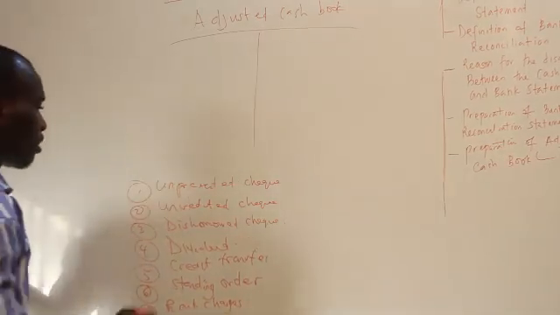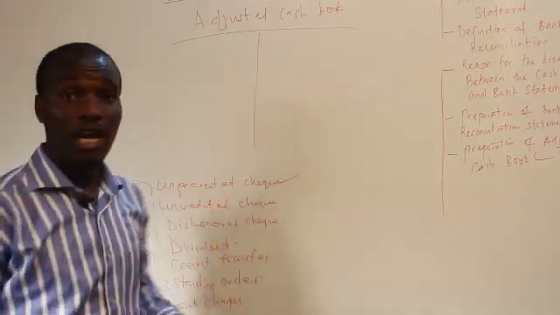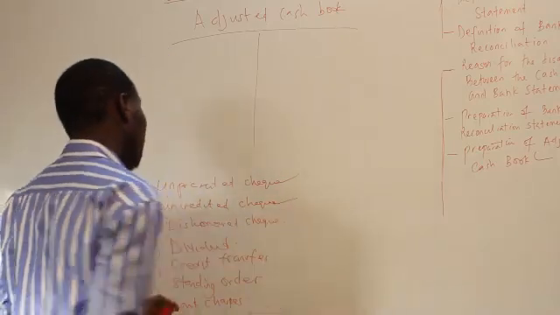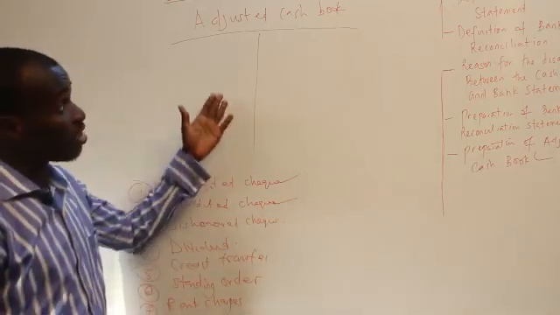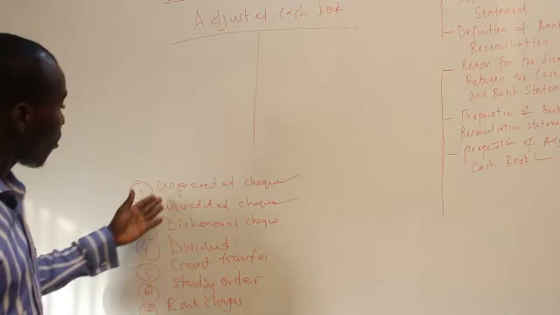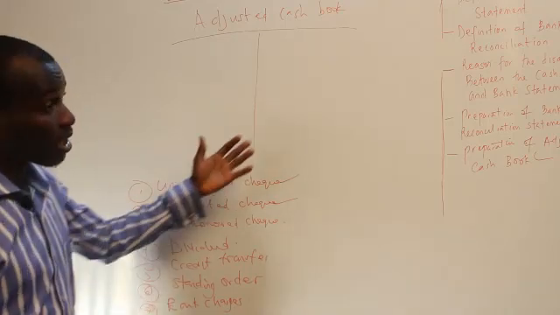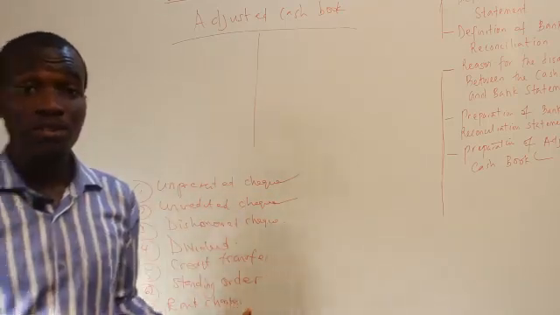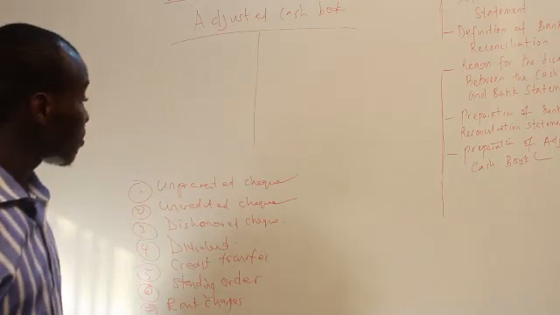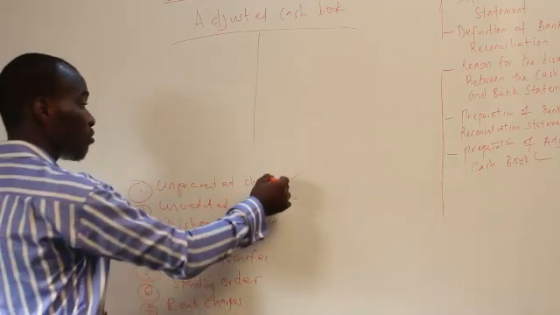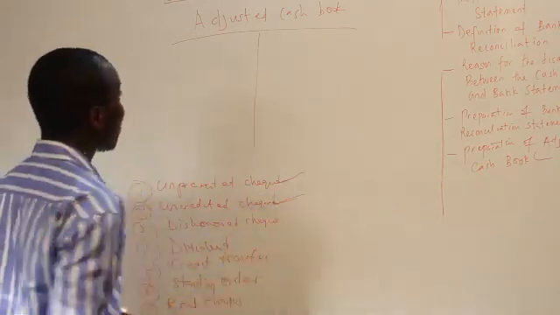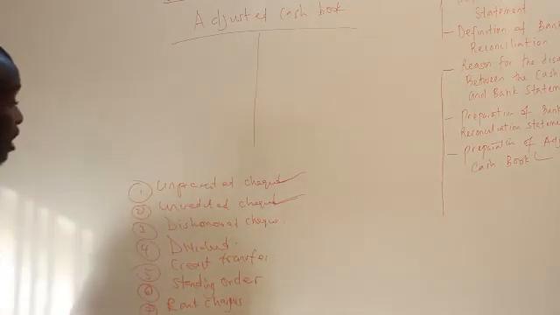So the unpresented check and uncredited check have been included in the cash book, because the unpresented check must have been credited to the cash book, while it will not be included in the bank statement. So these two items will no longer appear in the adjusted cash book.